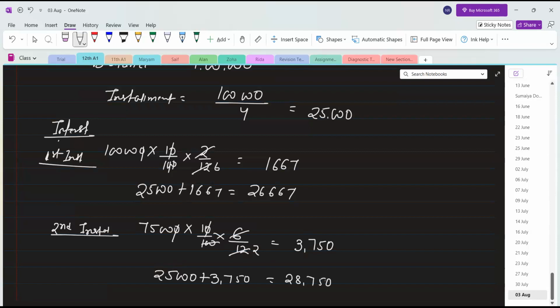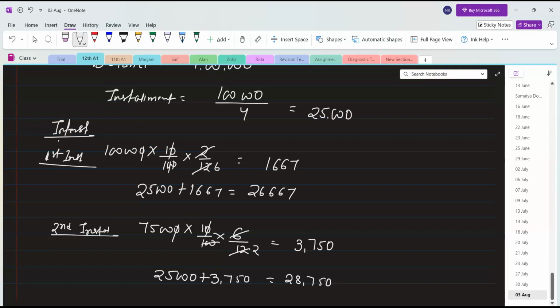28,750. So in every installment, there are four equal installments in this 1 lakh. 1 lakh divided by 4, 25,000 principal plus 10% interest on the remaining amount. In the first installment, the remaining amount was 1 lakh, so I calculated interest on 1 lakh for 2 months. In the second installment, 75,000 remaining.